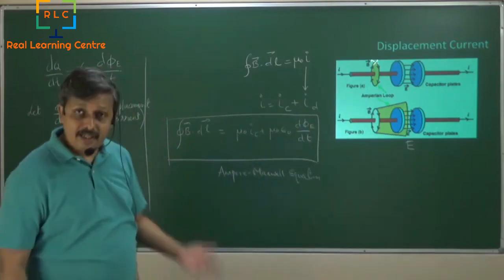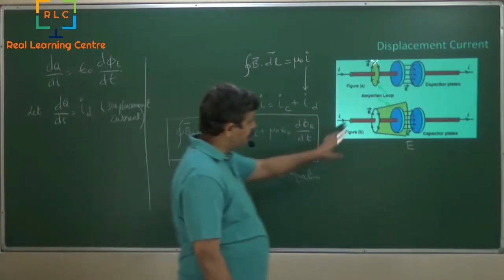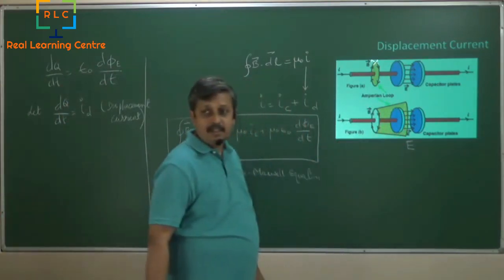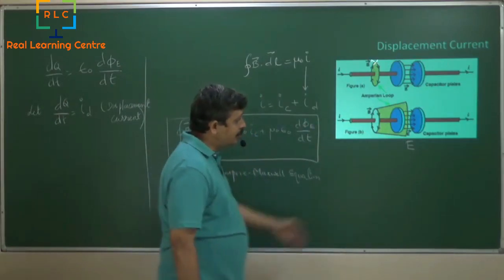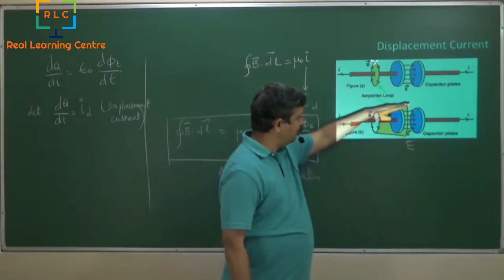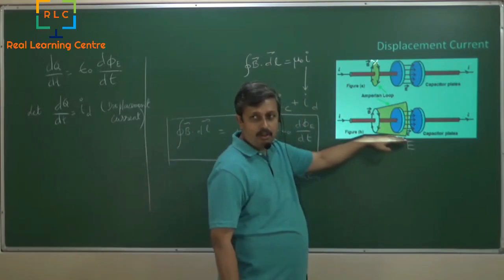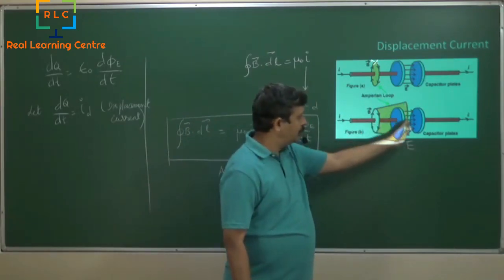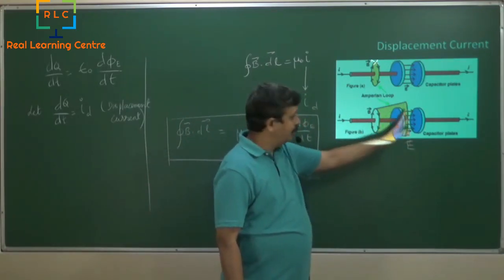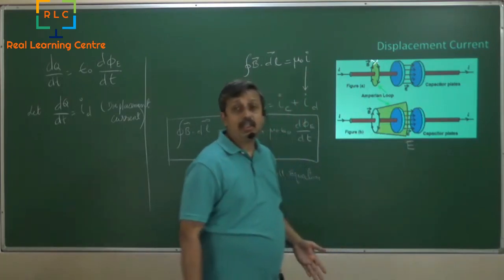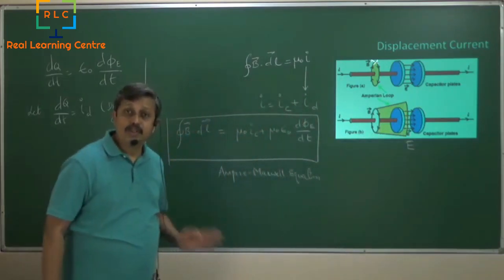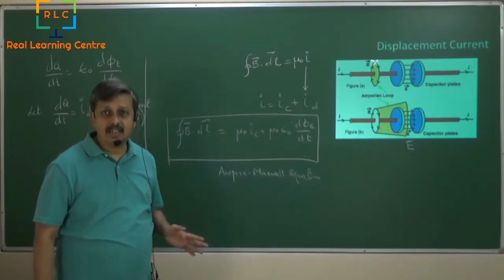Now if you take a surface which is like this, there is no current going through the outer surface, and no electric field either. The only surface remaining is here, and there are no electric charges moving, so conduction current is not there.